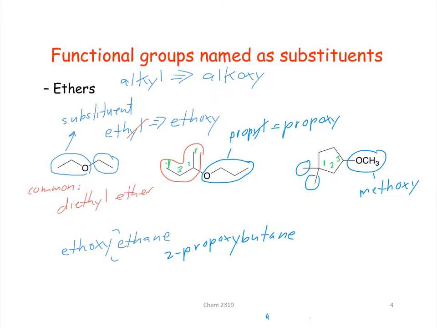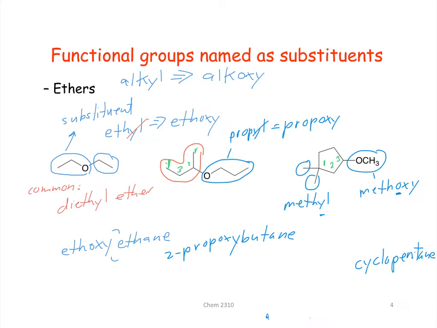Okay, so this is going to be a cyclopentane. That's the parent, right? And these are methyls, dimethyl, but remember that di doesn't get alphabetized. So which one comes first, methyl or methoxy? So methoxy should go first, because when we go to meth, this one has a Y, and there it has an O. Just like looking up a name in the phone book if you've ever done that.